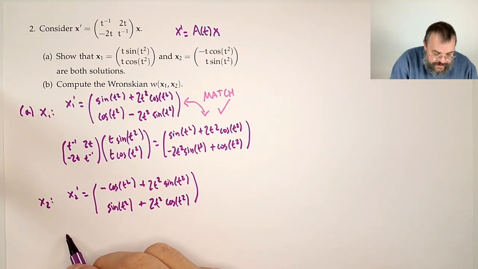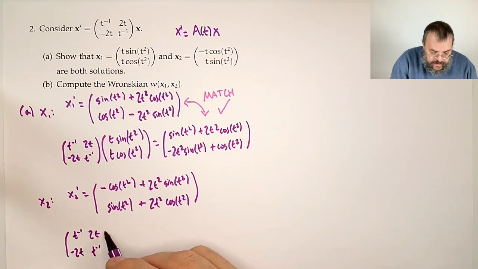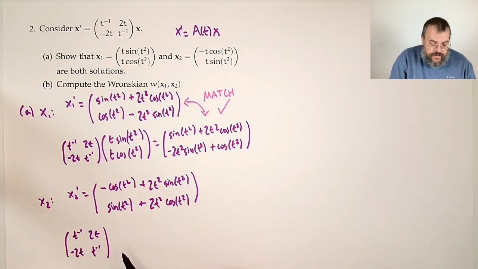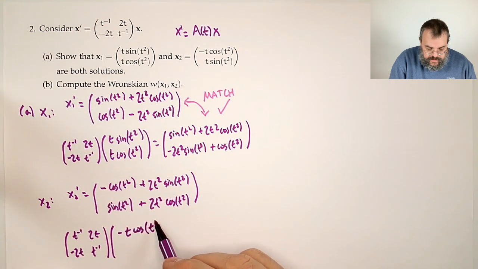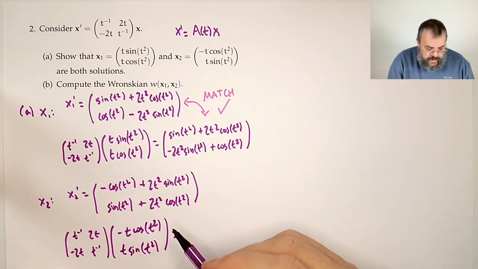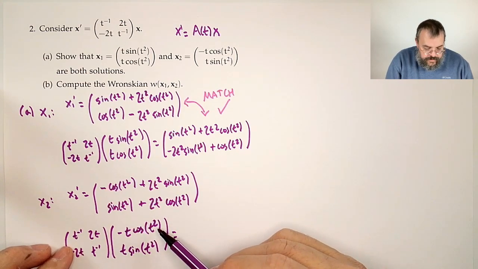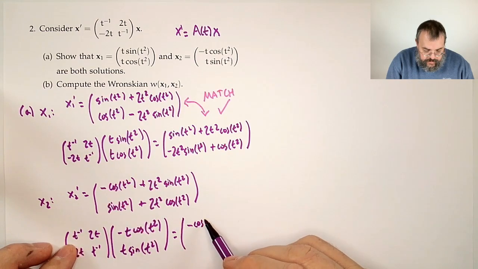So we've got to go through and do our multiplication. So we have our matrix, and we multiply by our x2, minus t cosine t squared and t sine of t squared. All right, multiply t to the minus 1. Okay, so that's minus cosine t squared.